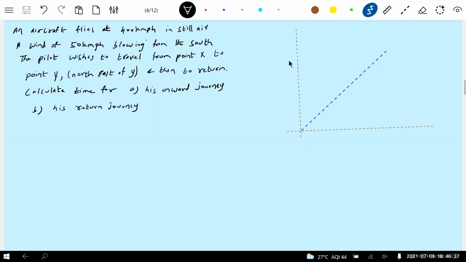Where our source and destination are will be indicated. This is the source. The pilot wishes to travel from point X to point Y, and that too towards the northeast. I think I cap, J cap will not come. Am I right? So the pilot will go northeast, east of north. The natural direction convention is what will be used by the pilot, not I cap J cap. Anywhere needed in calculations, we take help of I cap J cap. Agreed? So this is the north, this is the east.